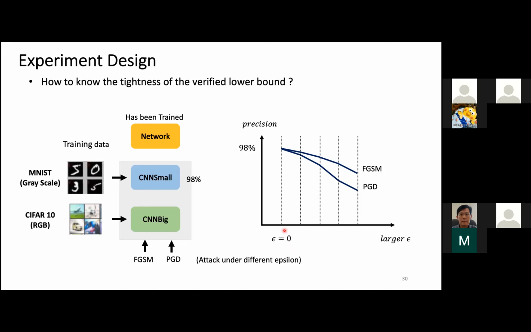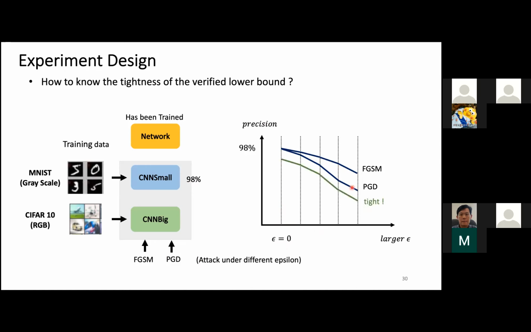So in this case, the precision of the CNN small is 98%. But if we use a test scheme to attack the network with epsilon set larger, that is, a larger noise added into the input image, then we can see that the precision will drop.